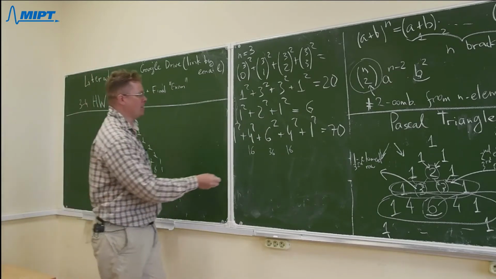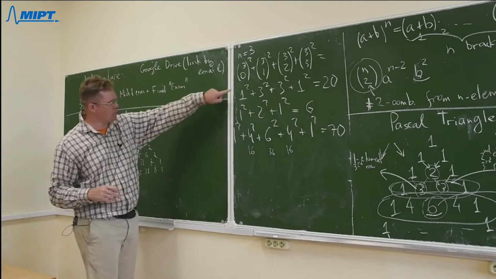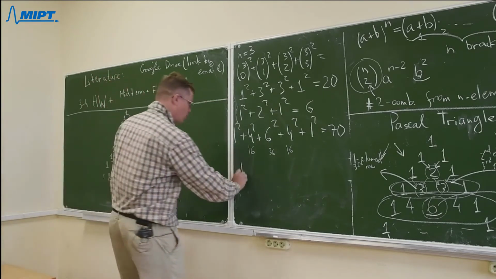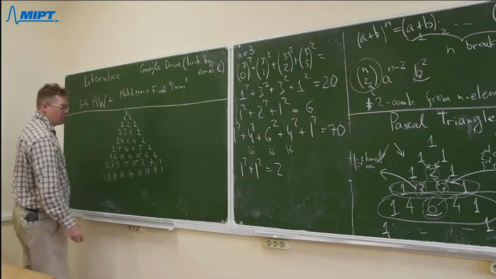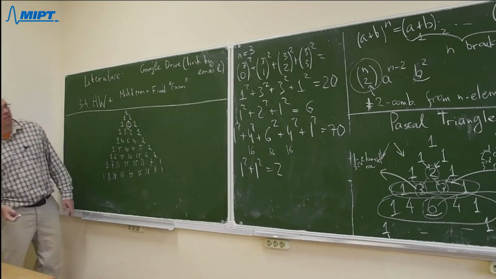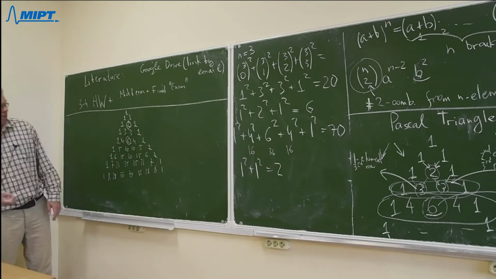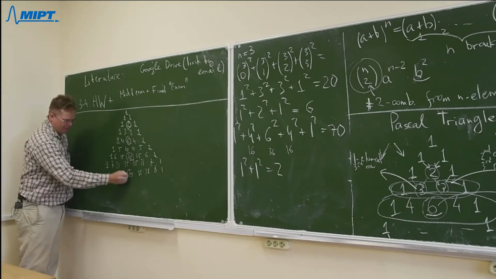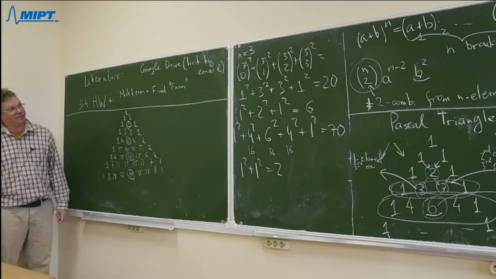For example, this is n equal to 2, n equal to 3, n equal to 4, and for 1, it will be just 2. So 2 we have here, 6 we have here, 20 we have here, and 70 we have here. So you can see that there is a correlation, yeah?